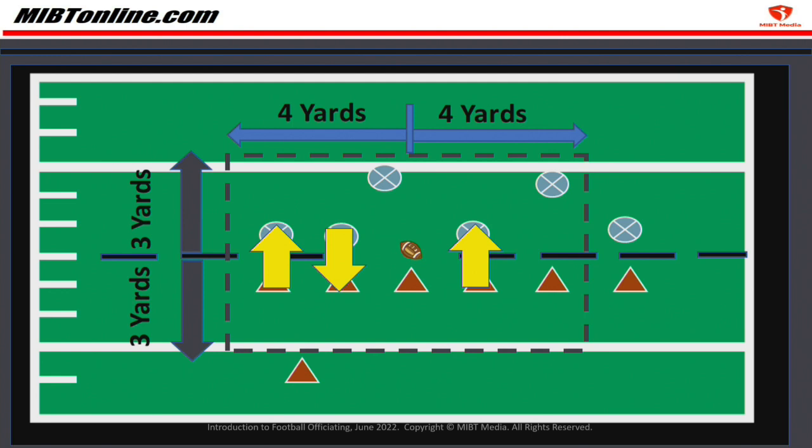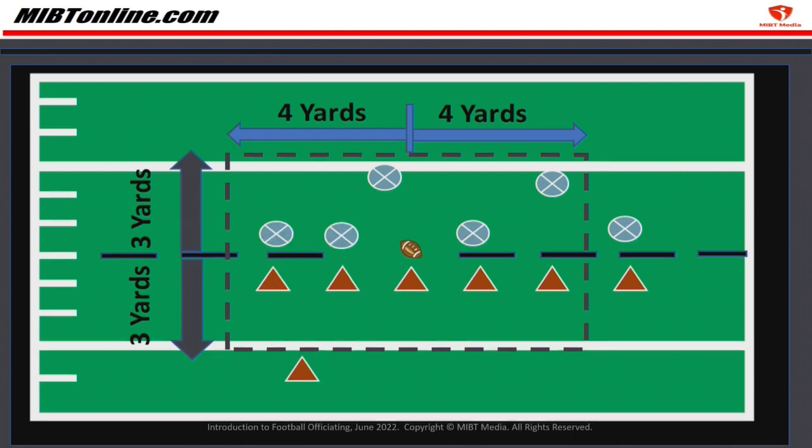It's got to be immediate with the snap. These 3 engagements would be legal. Now, in our next slide, these 3 engagements would also be legal because it's one adjacent, and both players are on the line of scrimmage in the zone at the snap. As long as this contact is immediate with the snap, these would be legal engagements as well.